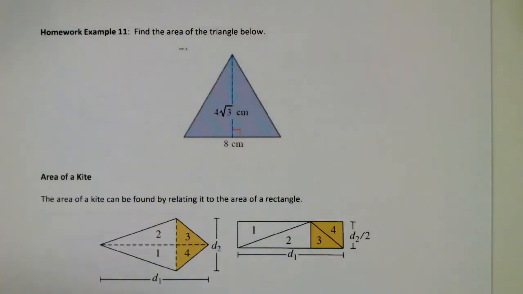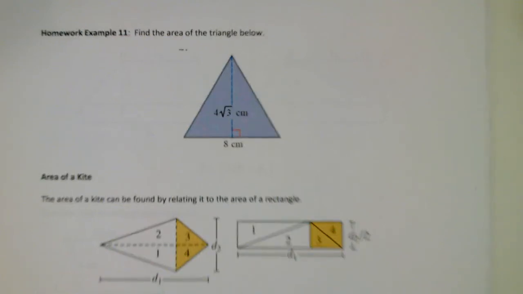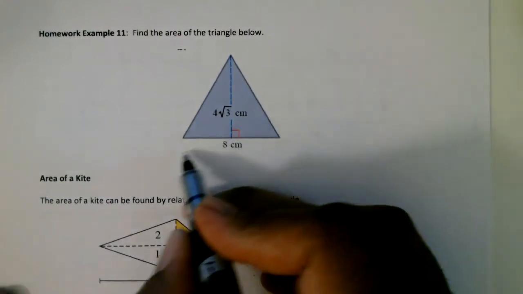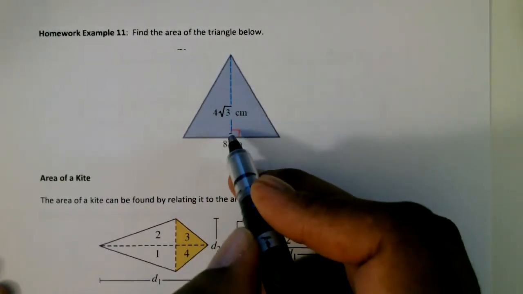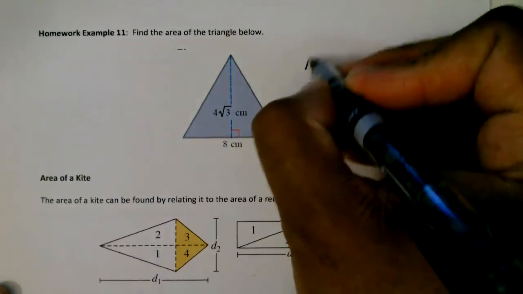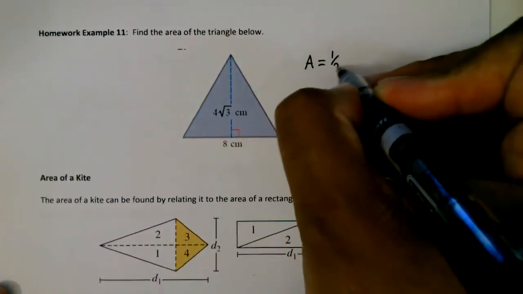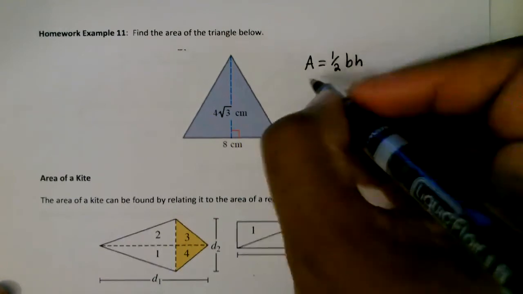Let's see, here's one more of these. This one has a radical in it. I want to find the area of that triangle shown below. Here the base is 8 centimeters, and the height is 4 square roots of 3 centimeters. So again, A is equal to 1/2 the base times the height.